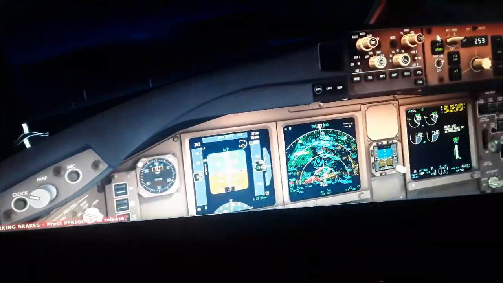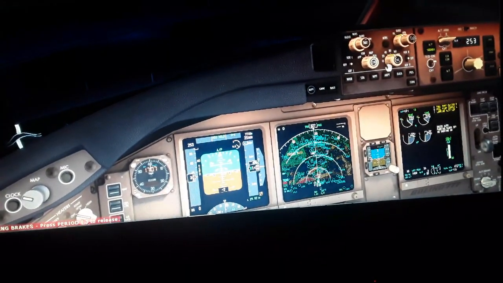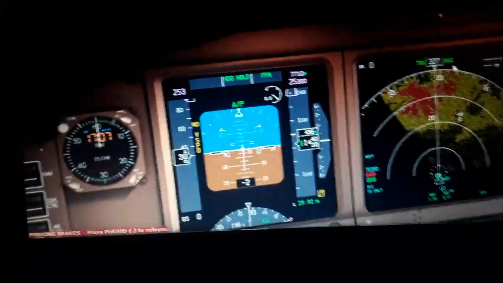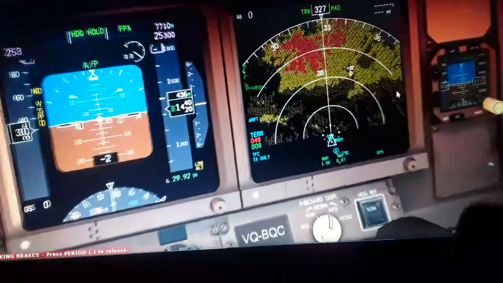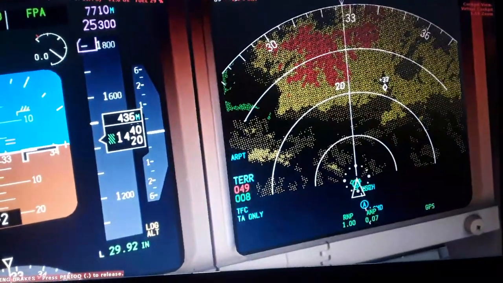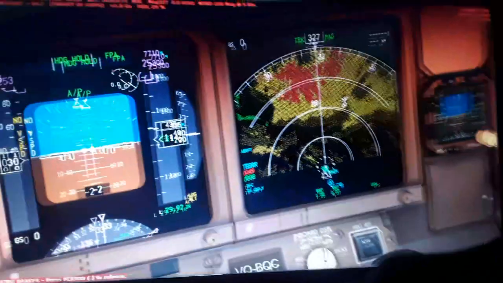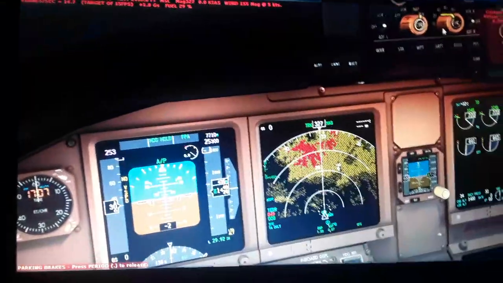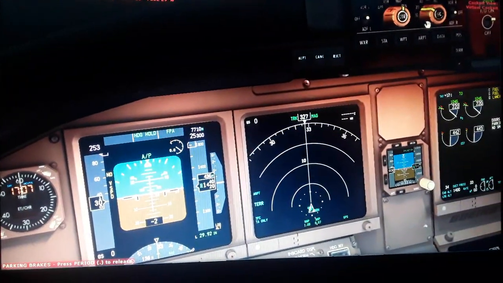You can see also the navigation display. You can see some other aircraft flying closer to our aircraft, 30 nautical miles away. You can see this diamond here is coming closer. Maybe it's gonna come for landing after a while.